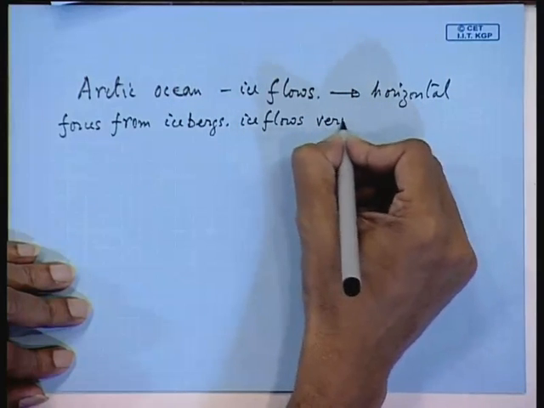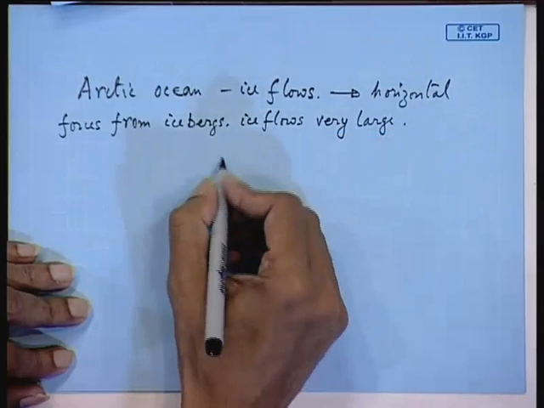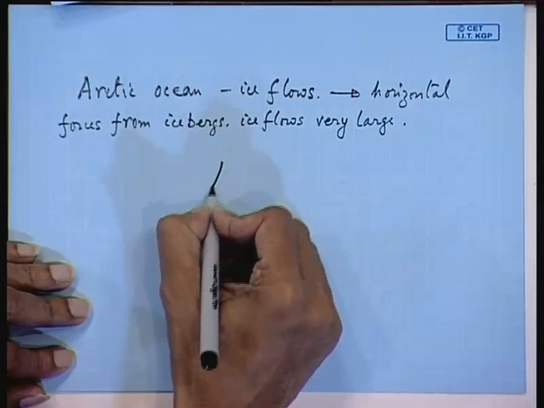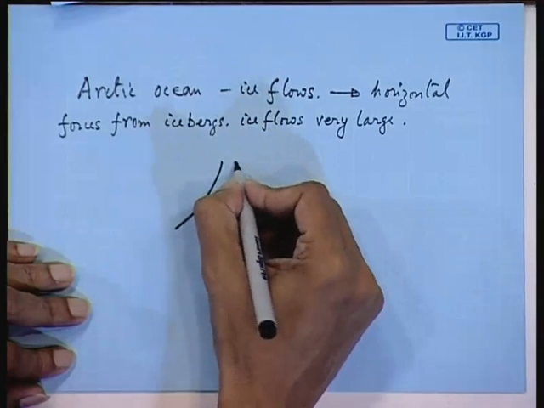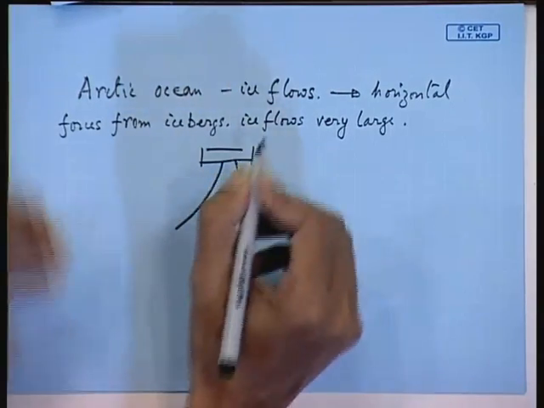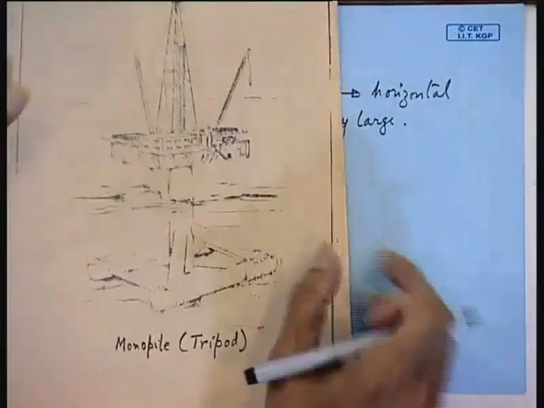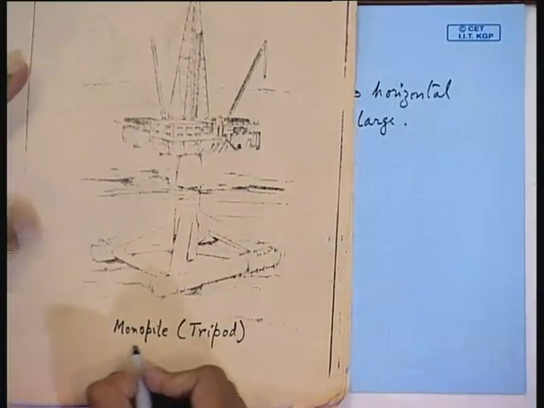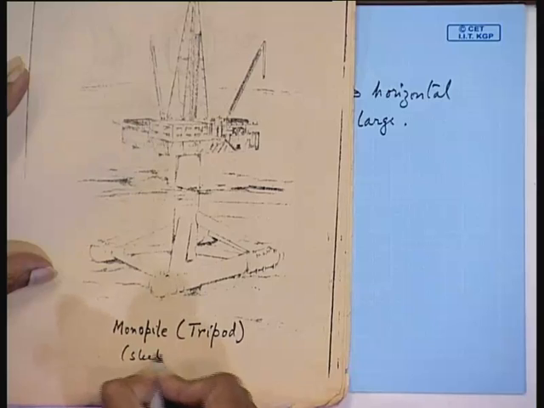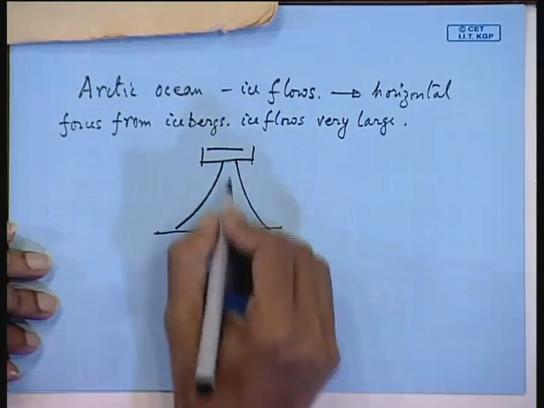In order to tackle this, the structure underwater portion sometimes they design in this way. This is your platform. Either you can design it in this way, that is the monopile tripod variety. This is a steel, or you can make the structure like this.